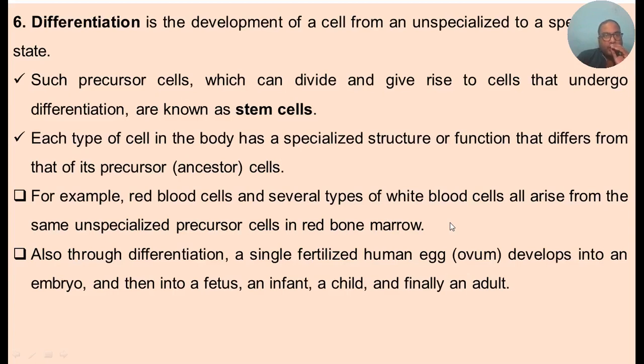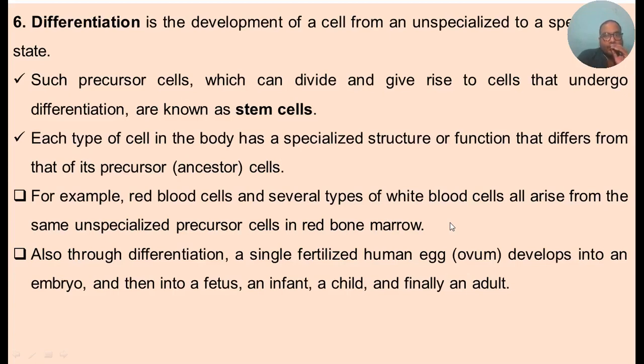Also, through differentiation, a single fertilized human egg or ovum develops into an embryo. The female produces the ovum, which is called the human egg.